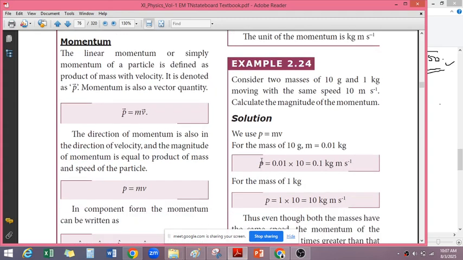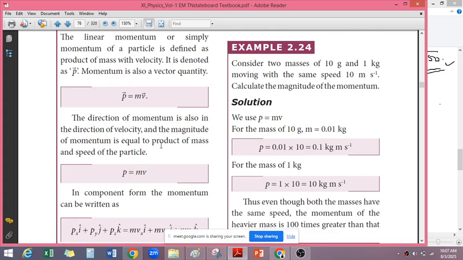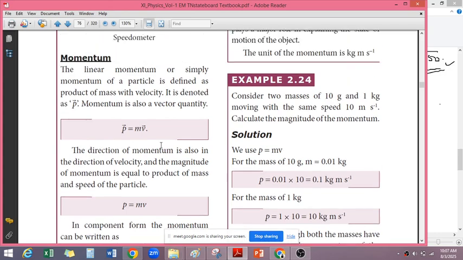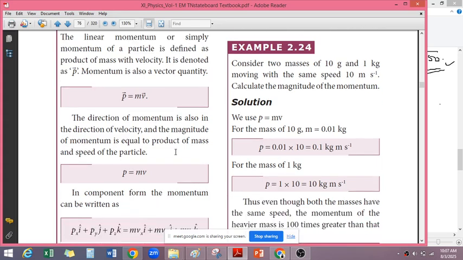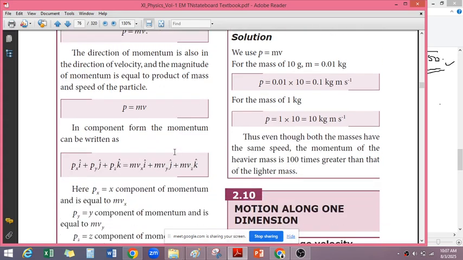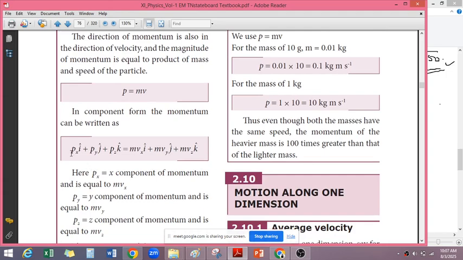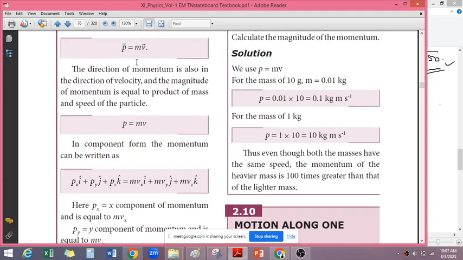Then they are introducing you to the concept of momentum. I'm sure you have been introduced to it a little bit in your 9th standard or 10th standard. So mass into velocity is your momentum, right? Or linear momentum. That is also a vector quantity because v is a vector, which means momentum is also a vector.